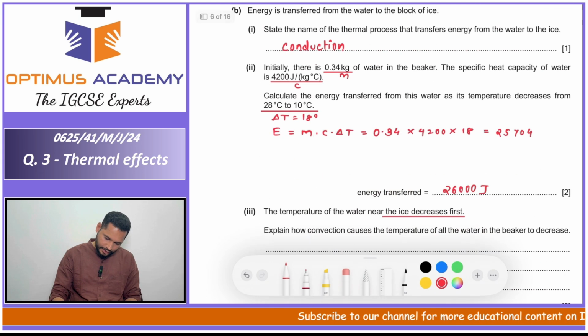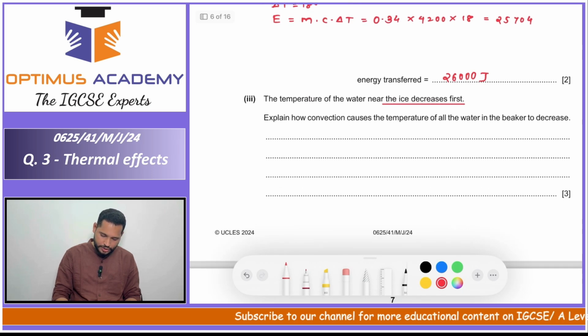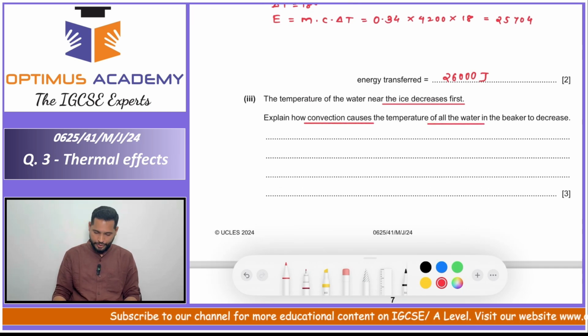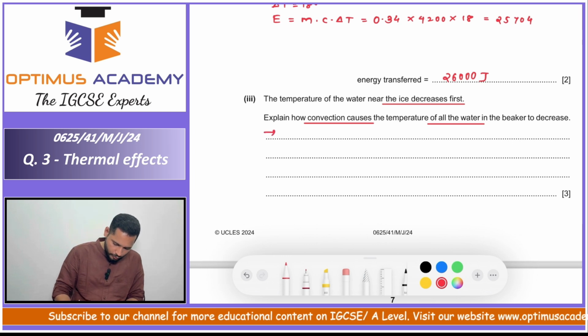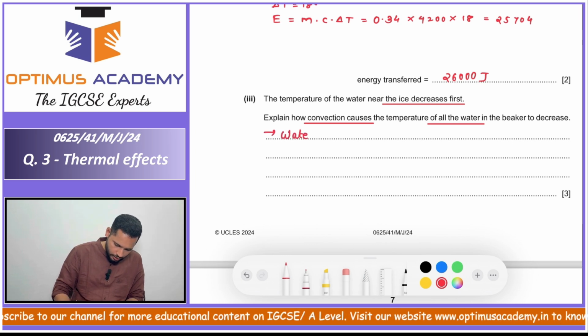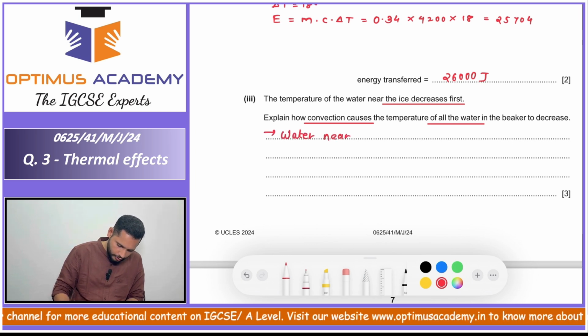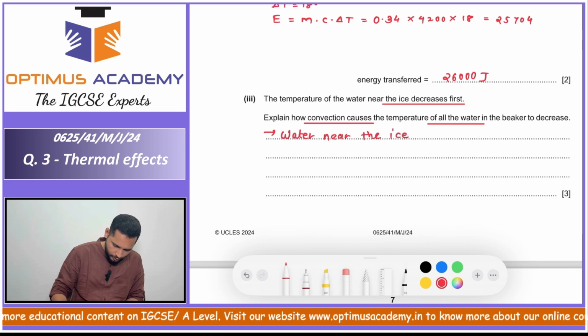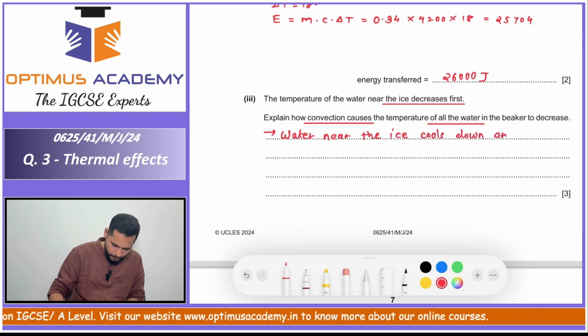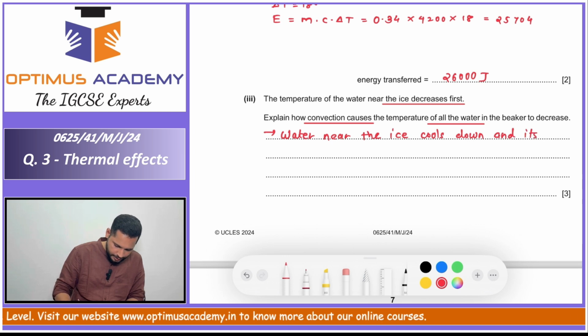So they are asking us to explain how convection causes the temperature of all the water in the beaker to decrease. So we can write that water near the ice cools down and its density increases.